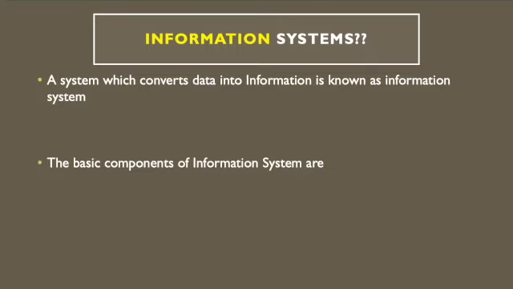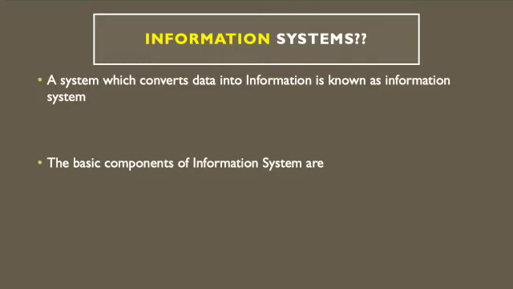What are the basic components of an information system? Can you tell me the input and output? Sir, the output is the information, so we can call that output our information system. Yes, because we produce information, we call it an information system. Very good, you are correct.